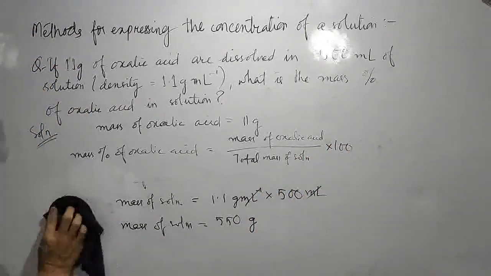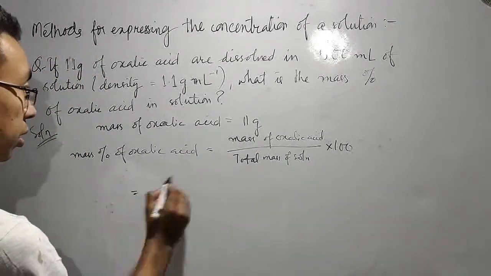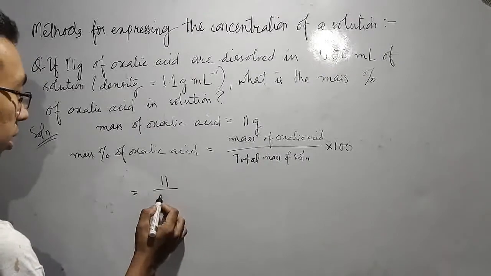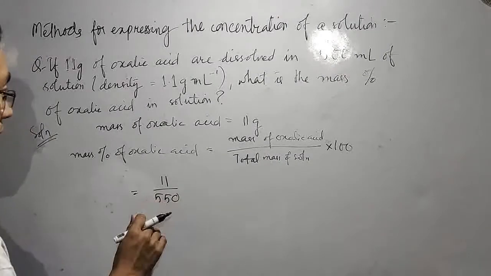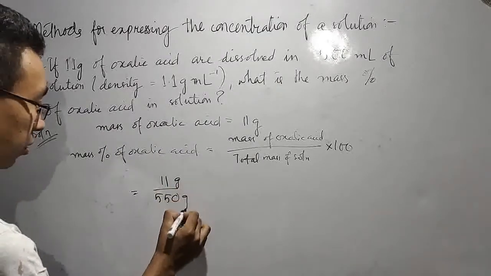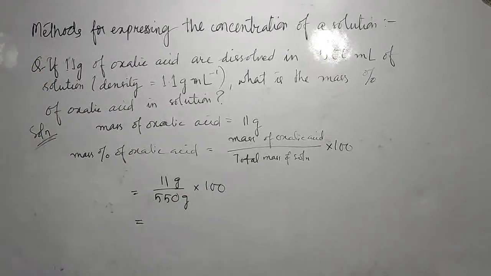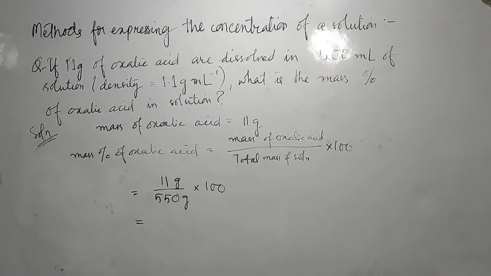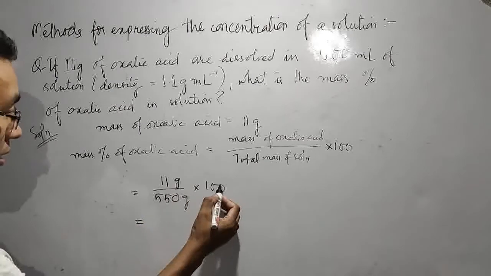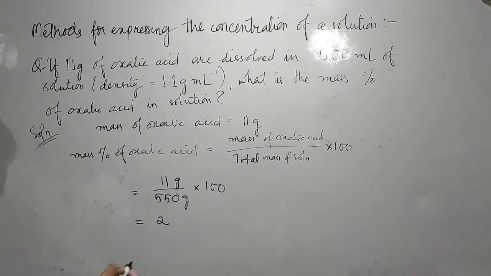The mass of oxalic acid is 11 gram and the mass of the solution is 550 gram, multiplied by 100. After you calculate this, it comes to around 2%. So this is the required final answer.